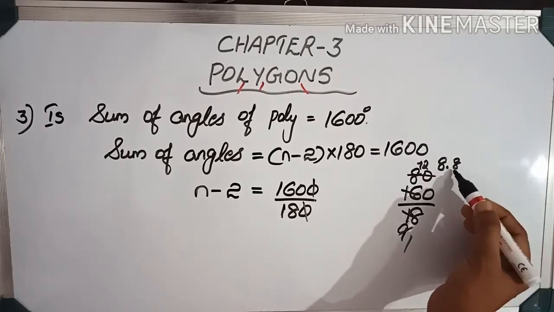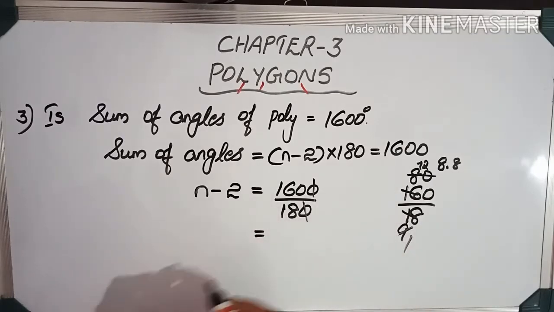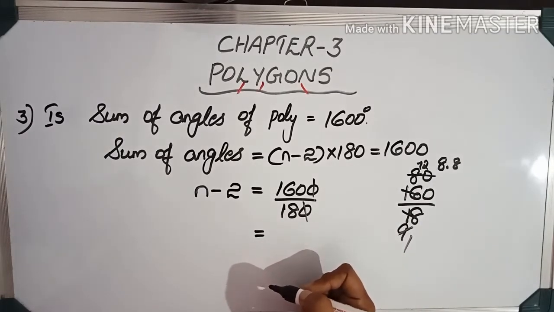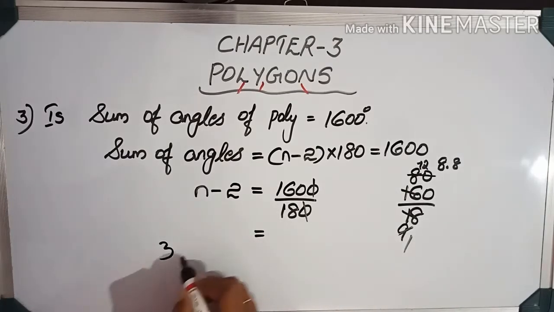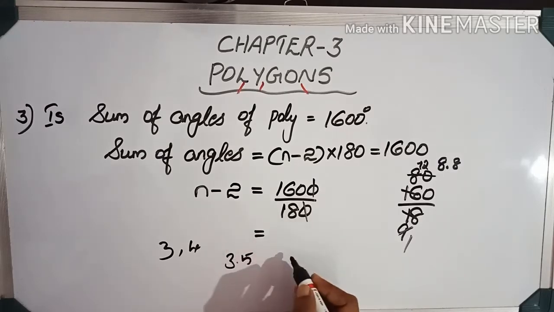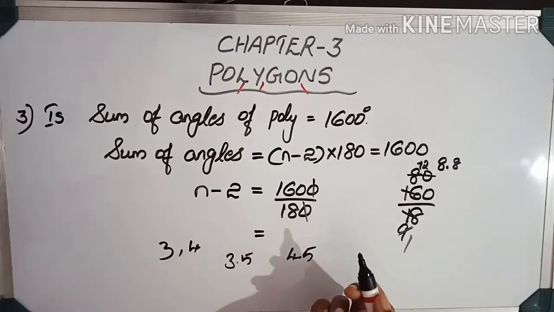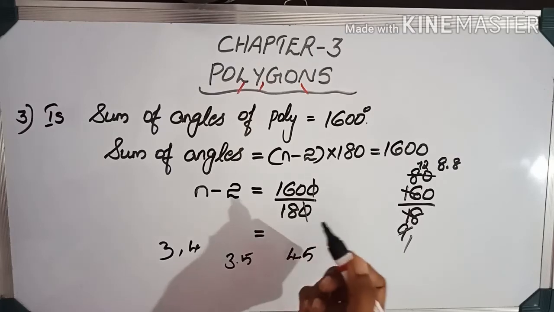Okay, a decimal number comes. If a decimal number comes, we always say the number of sides in a complete number. For example 2 sides, 3 sides or 4 sides, like that. Will we say 3.5 sides are there? Is it possible to say? No. Otherwise 4.5 sides are there, 0.5 side, no. Sides will always be a natural number.